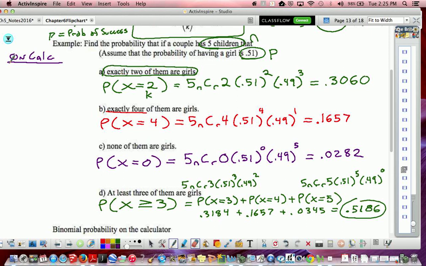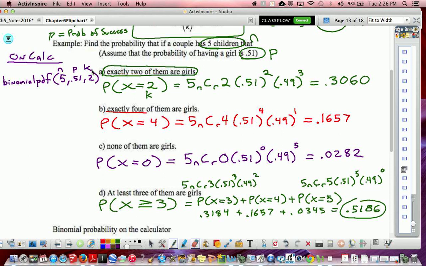Since it has the equals, I would go binomial PDF, and then I have to enter in the 3 numbers, which go N, P, K. So N is the number of total kids, P is my probability of a girl, K is how many girls I want. If you use this formula and write in these numbers, I want you to specifically tell me which number is N, which number is P, which number is K.